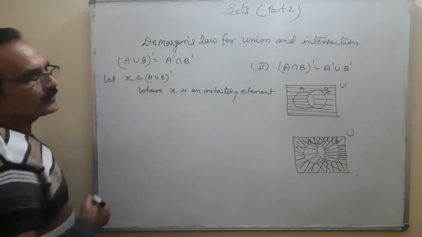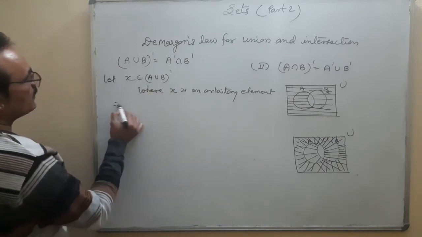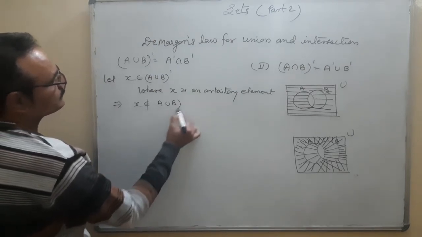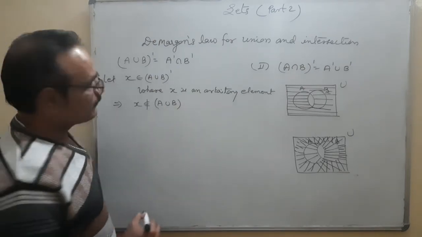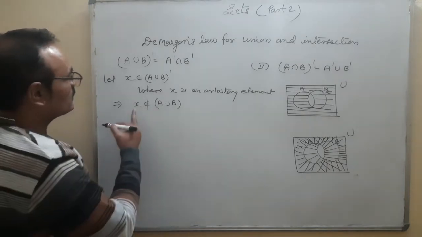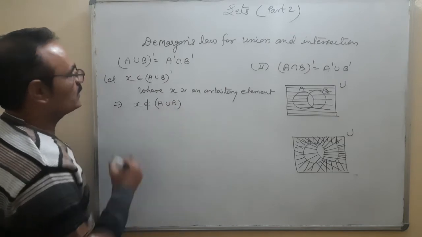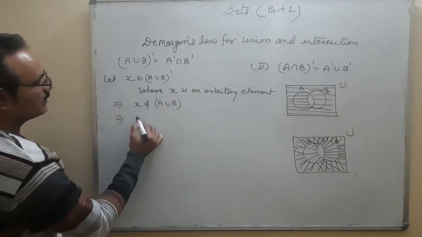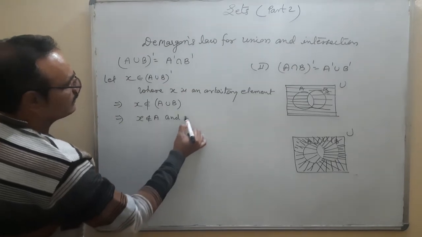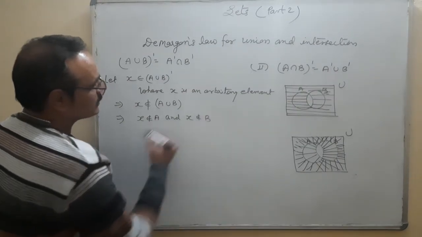X belongs to (A union B) complement. What does it mean? X doesn't belong to A union B. Okay. This is the meaning. That means this X is not belonging to A union B. So that means X doesn't belong to A and X doesn't belong to B. This is the meaning.